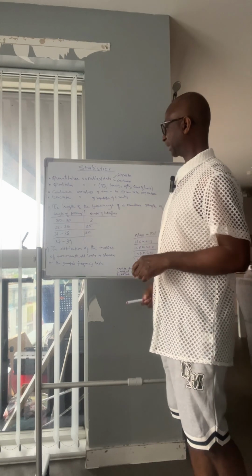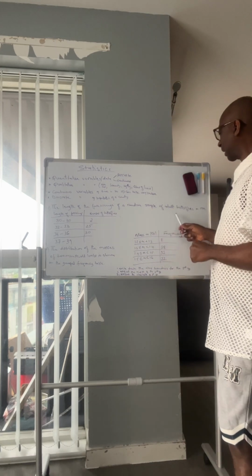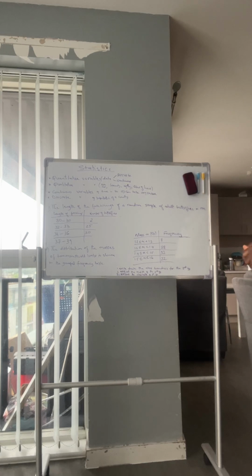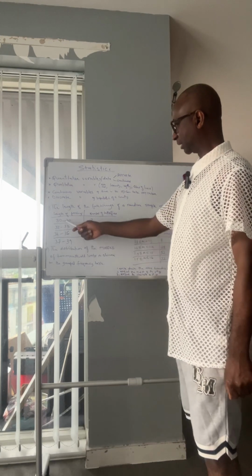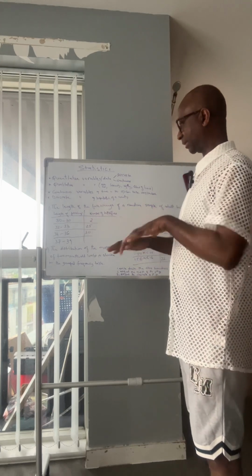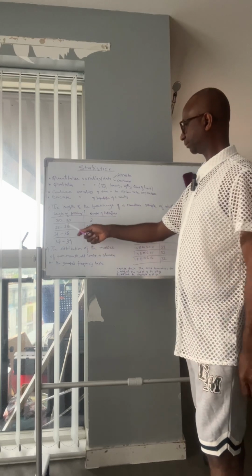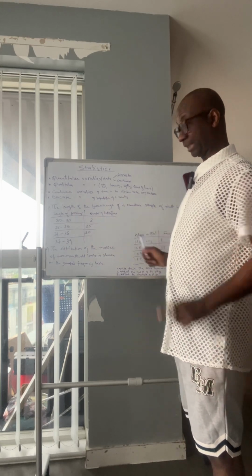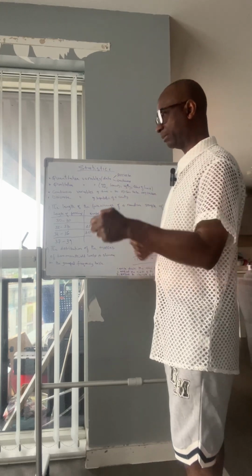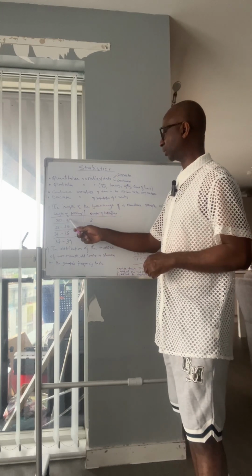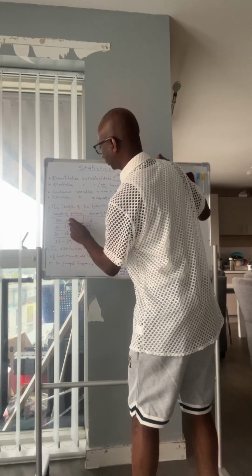The first problem says the length of the forewings of a random sample of adult butterflies, in millimeters, is given here. These are measured in millimeters. Two butterflies in that sample measured between 30 and 31 millimeters.